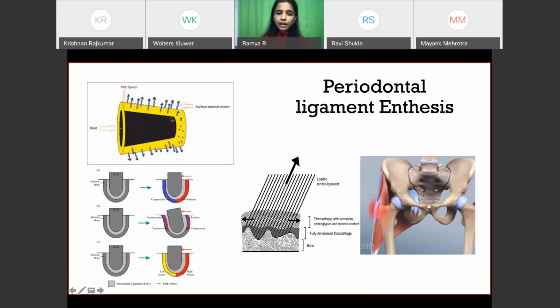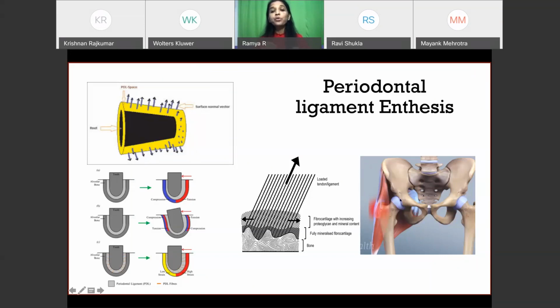Whatever you can find out with this small region of periodontium can be very easily extrapolated to orthopedics. Any joint spaces, it is the same enthesis. You just put the word enthesis, immediately joint spaces would open up and not periodontium.